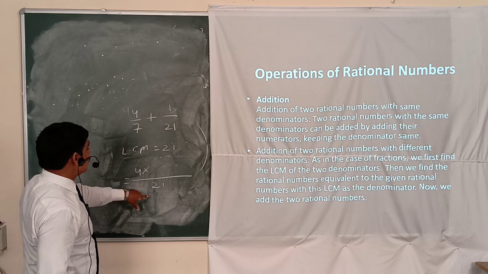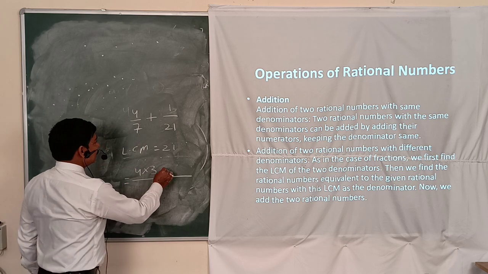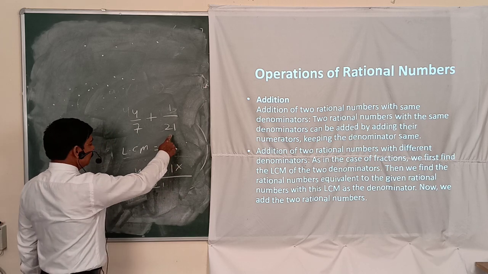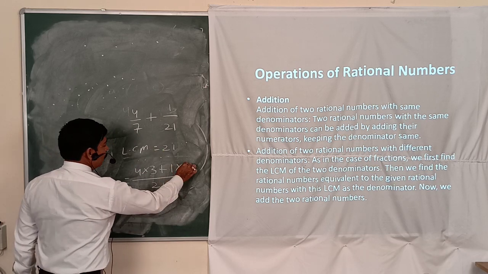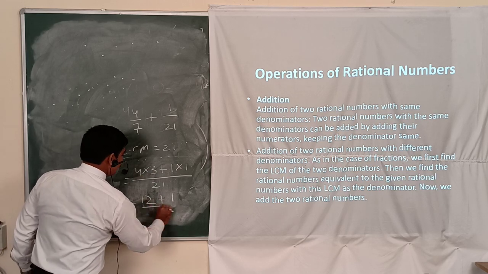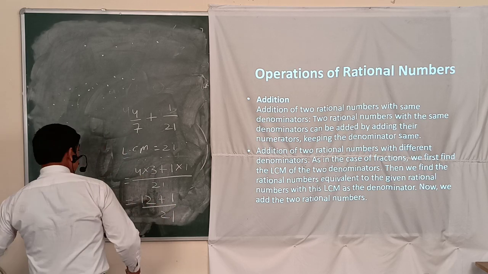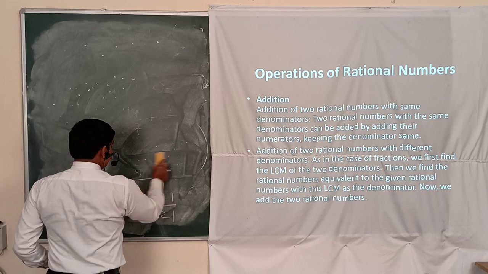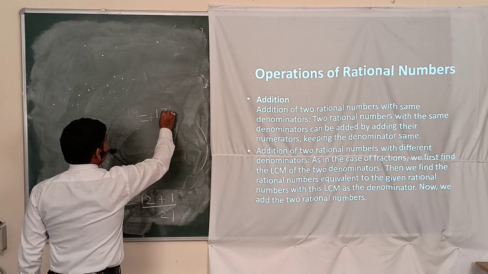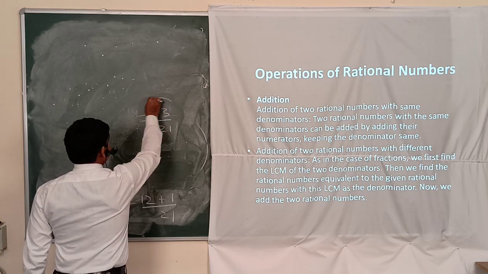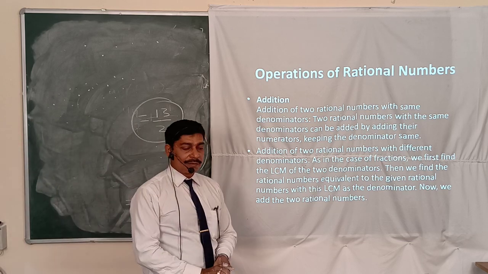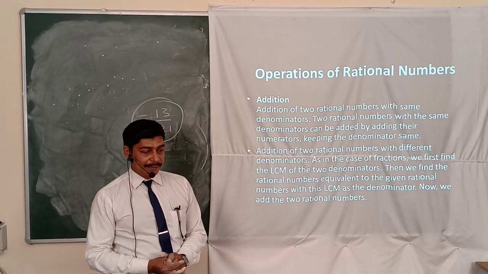That is, 7 threes are 21, so write 3 here, plus 1 into, here 21 ones are 21, so only 1. Afterwards 4 threes are 12 plus 1 upon 21. Now if we solve this, 12 plus 1 is 13, so it will be equal to 13 upon 21. This is the way we solve rational numbers with different denominators.